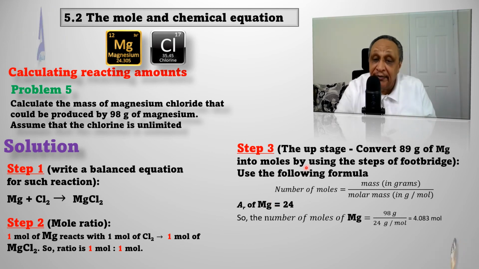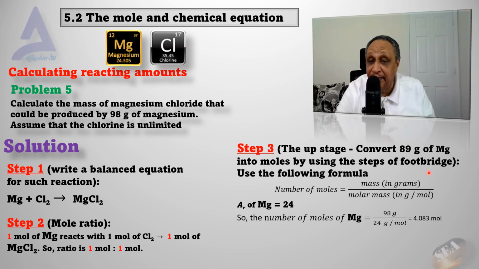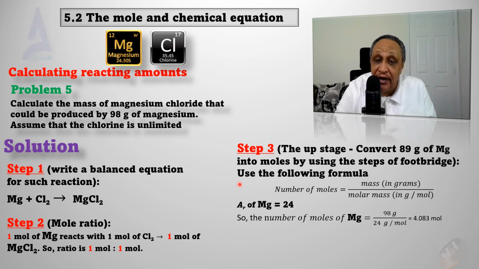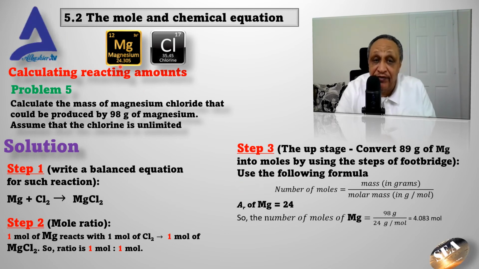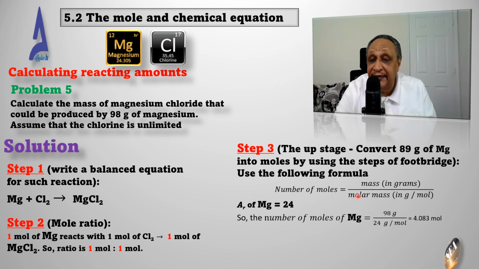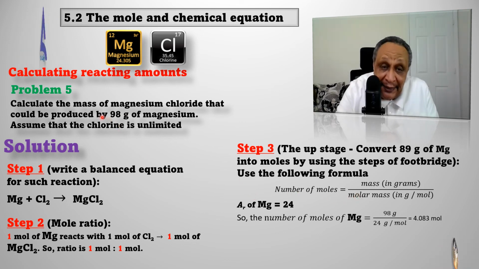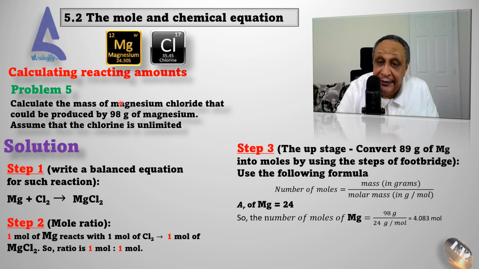So the number of moles equals mass in grams over the molar mass in grams per mole. And the relative atomic mass of magnesium is 24. So the number of moles of magnesium equals 98 grams, which is given, over 24 grams per mole.